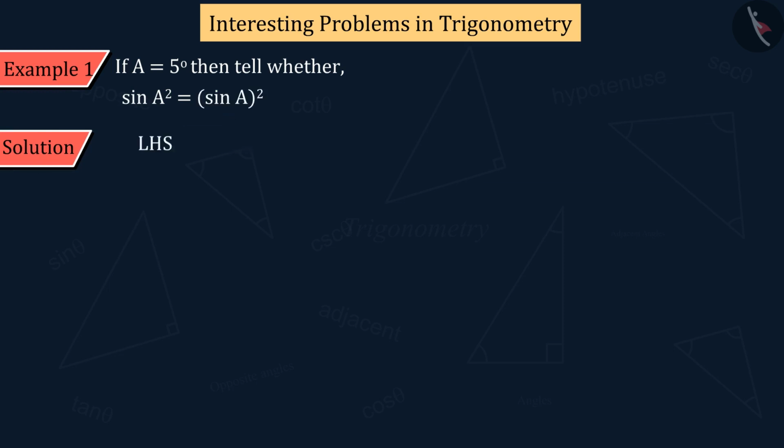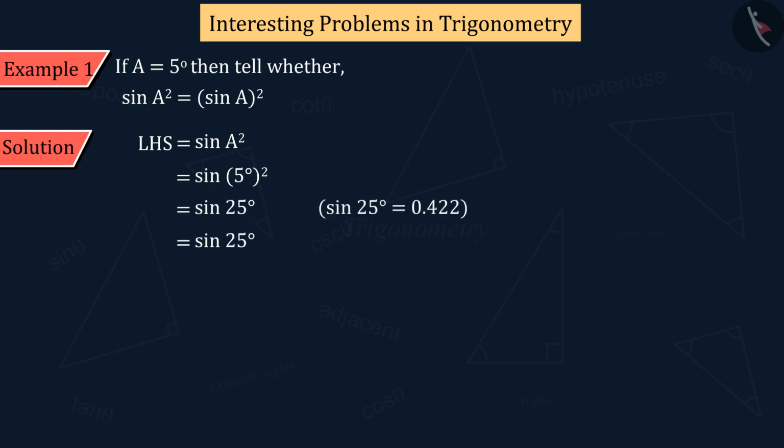If we talk about the left side, then here we have to calculate the value of sine of the square of angle A. Here A is equal to 5 degrees. So, the square of A will be equal to 25. So the value of left side should be equal to the value of sine 25 degrees.